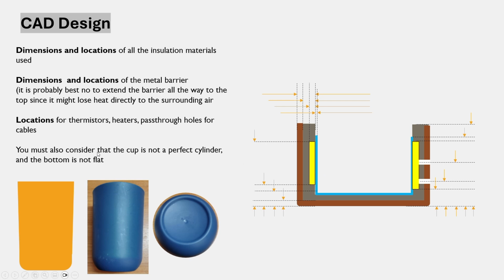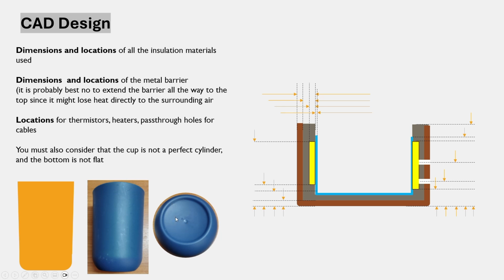When you design your CAD, you should remember that this is not a fully cylindrical cup. There is a small taper. It's not exactly straight, so your design has to account for that. Also remember that the bottom is not fully flat.